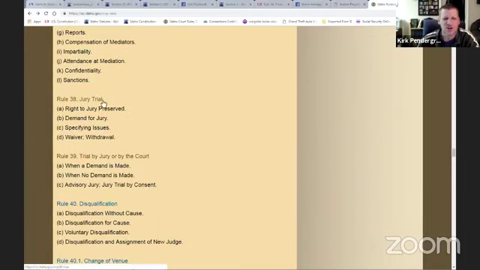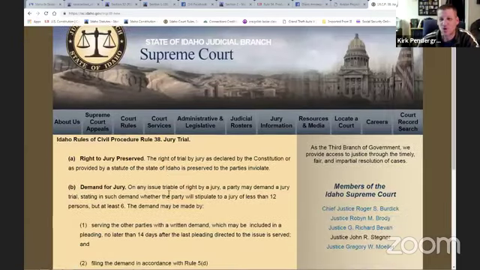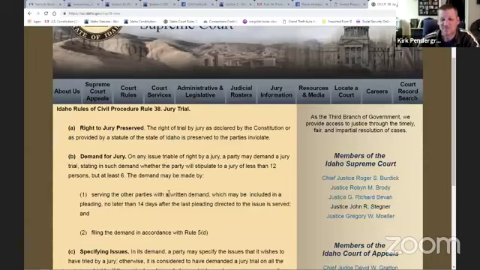Notice it says jury trial here. Demand for jury. But then it says number 39, trial by jury or by the court. Okay? This is telling us, even though these are rules, in my mind, so long as it's not outside of the Constitution and the Bill of Rights, your right to a trial by jury is preserved, right?